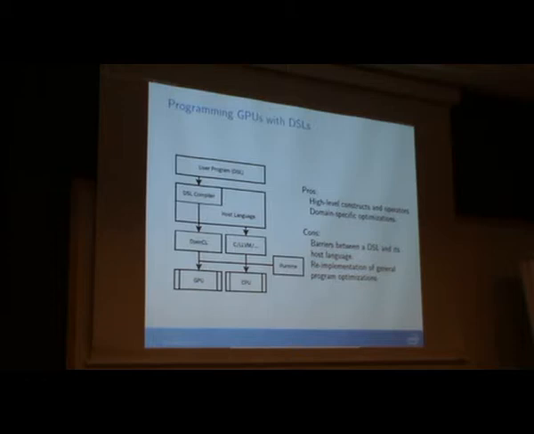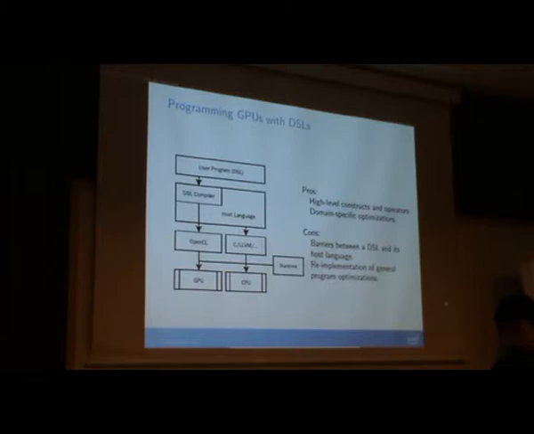Sometimes you want to exchange data and call the foreign function interface. There's some kind of barrier you have to overcome. And also, a lot of times we have domain-specific optimizations, but we also want the ordinary optimizations for general purpose programs, and they are not available in the DSL compiler. So oftentimes we have to re-implement some of the general techniques we use.